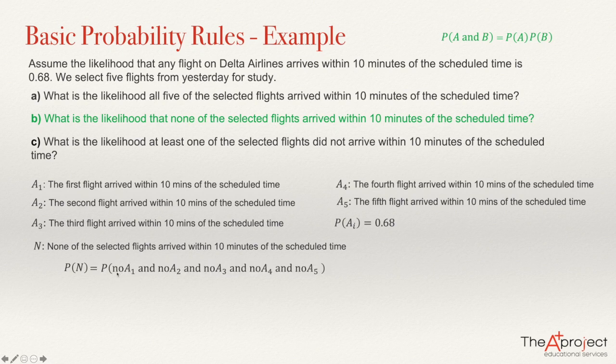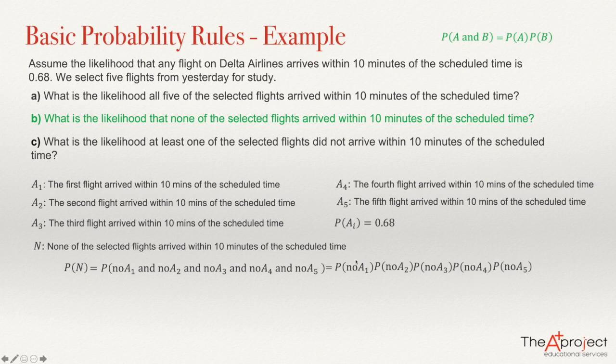So it will be the probability of no A1 and no A2 and no A3 and no A4 and no A5. And again here we have independent events. And this will be just the product of the probability of no A1 times the probability of no A2, probability of no A3, etc. until the last one.